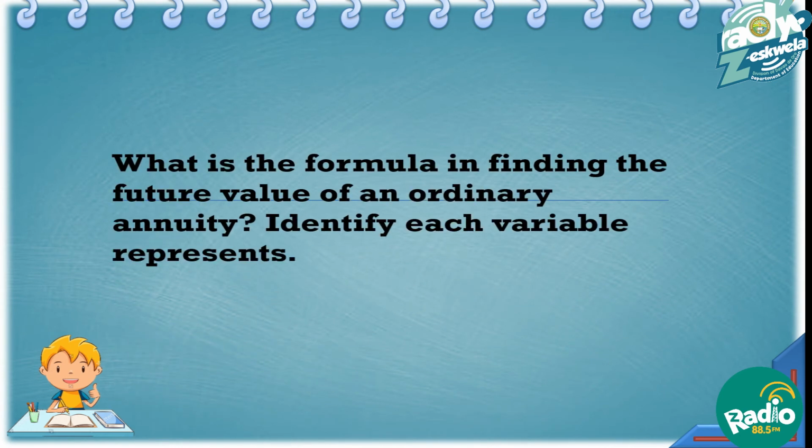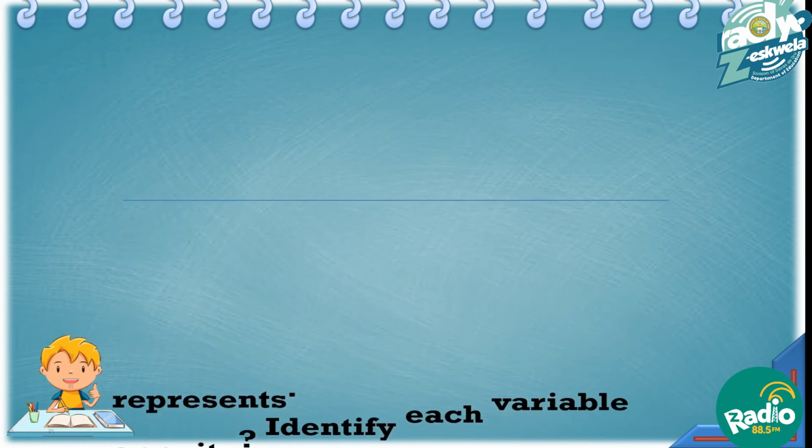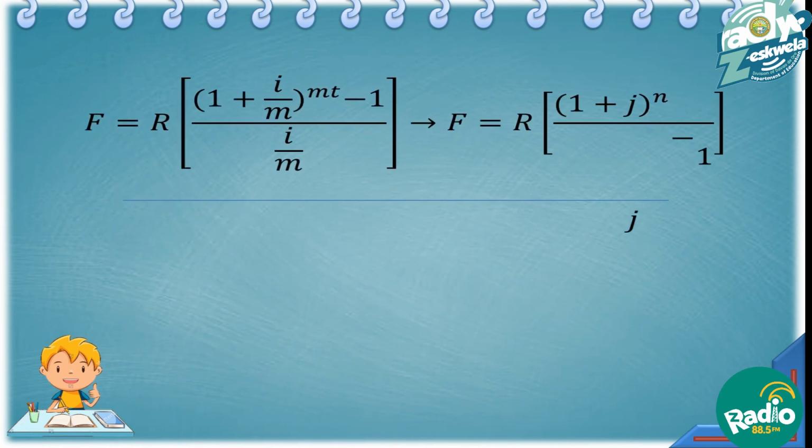What is the formula in finding the future value of an ordinary annuity? Identify what each variable represents. The formula of the future value of an annuity is given by F = R times the quantity of (1 + i/m) raised to the power of mt, minus 1, all over i/m.